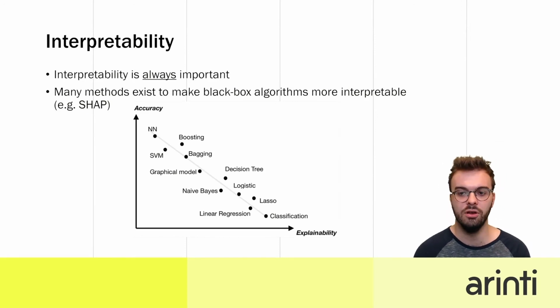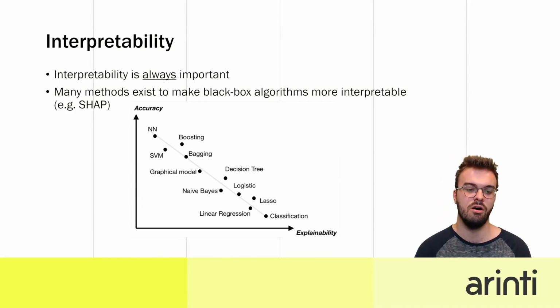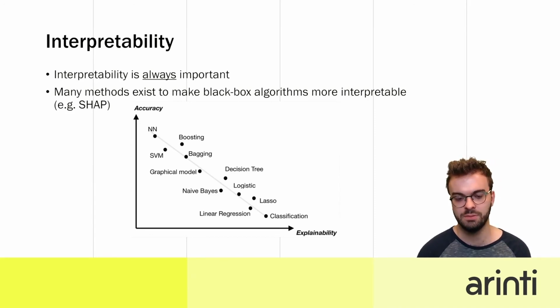Lastly, but not because it's not important, I listed the interpretability of your model. It's also something you should always consider. I put it here in last place, not because it is not important, but mainly because other methods exist to make a black box model more explainable.